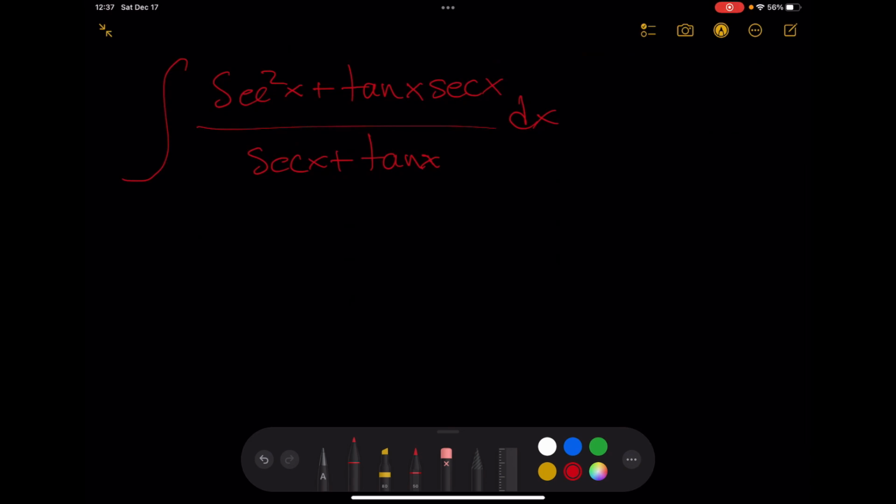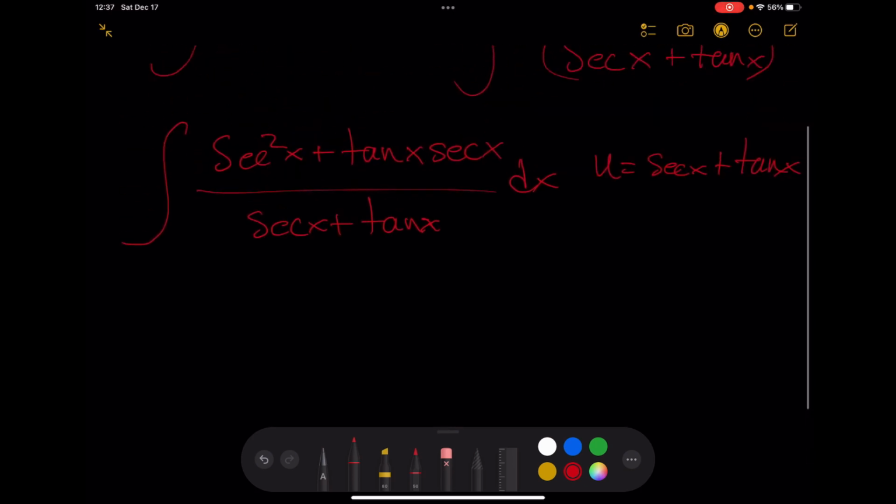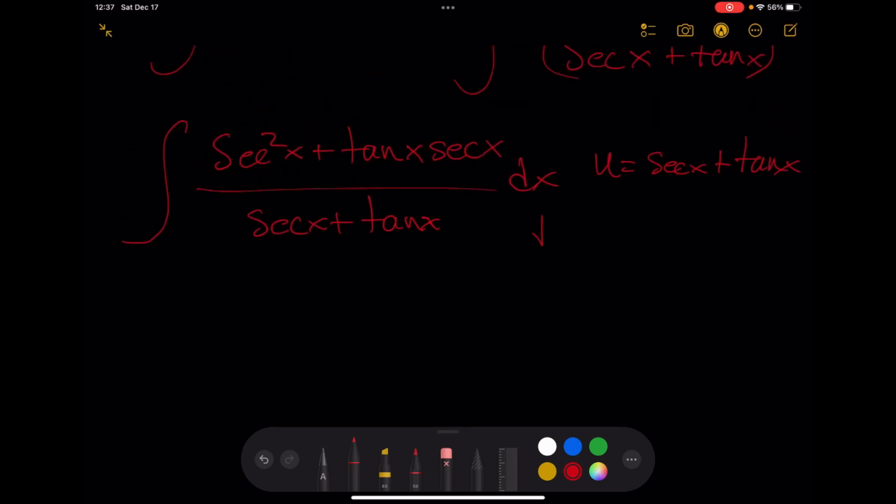What we can do now is make u equal to secant x plus tangent x. And then if we use this, our derivative du will have to be equal to the derivative of secant x, which is secant x tangent x, and the derivative of tangent x, which is secant squared x. And then all of this is with respect to x, which I don't have enough space to write there.